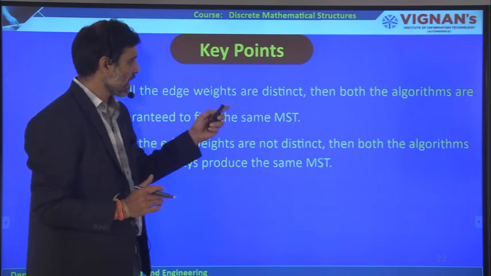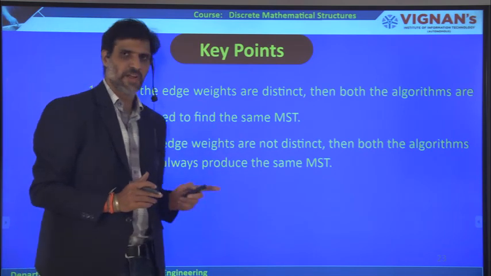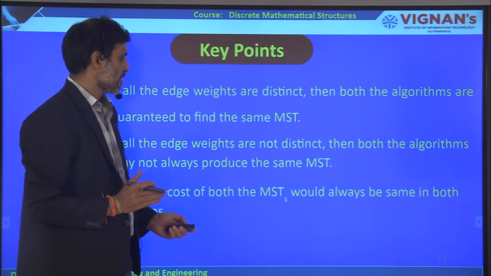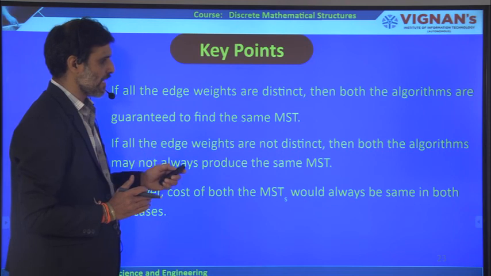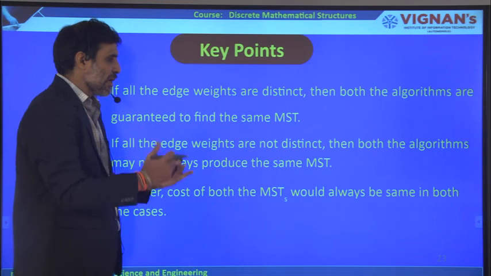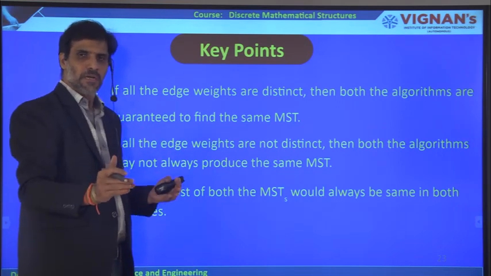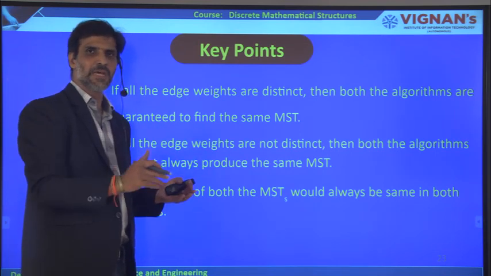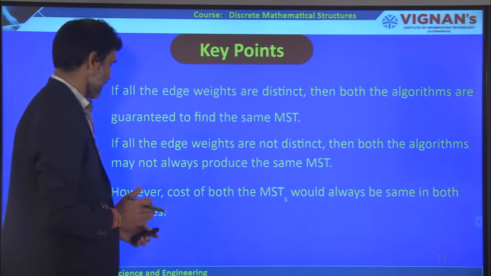If all the edge weights are distinct, then it is guaranteed to give the same minimum spanning tree. However, the cost of the MST would always be the same in both cases. That means they may not produce the same spanning trees, but the total cost of the spanning tree obtained by Kruskal's algorithm and by Prim's algorithm will be the same. That is the statement here.